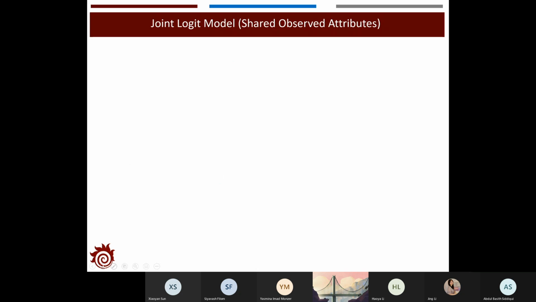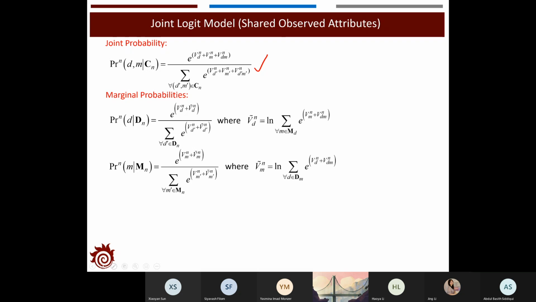With that, I will summarize them together in these slides. For the joint logit model, we have the joint probability of choosing the mode M and destination D. You can see the formula here. They are all related to the deterministic component. We will also be able to find the marginal probability for the destination D and the marginal probability for the mode M. To identify each probability, you have to specify the log sum term with respect to each mode and each destination.